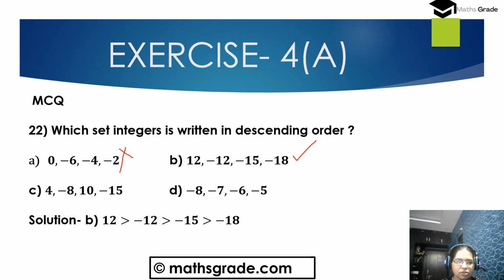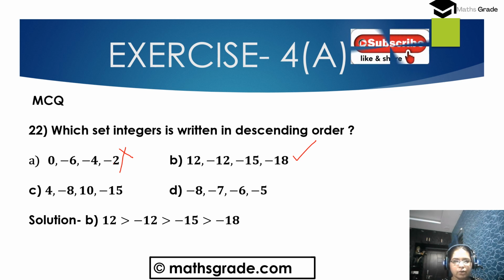Minus 18 is the smallest negative integer in the set. So this is correct. Option C, 4, minus 8, 10, minus 15. Here 10 is the greatest positive integer and minus 15 is the smallest negative integer. Starting with 4, this option is also incorrect.